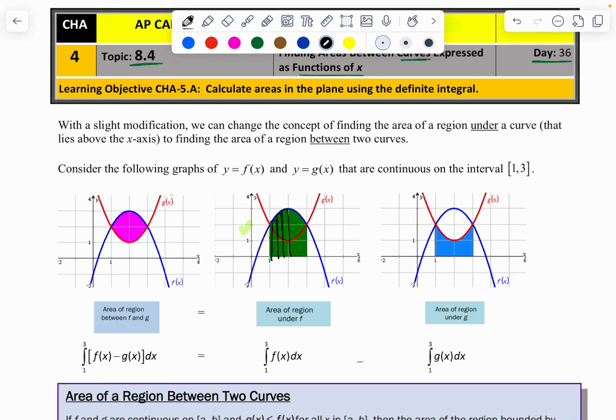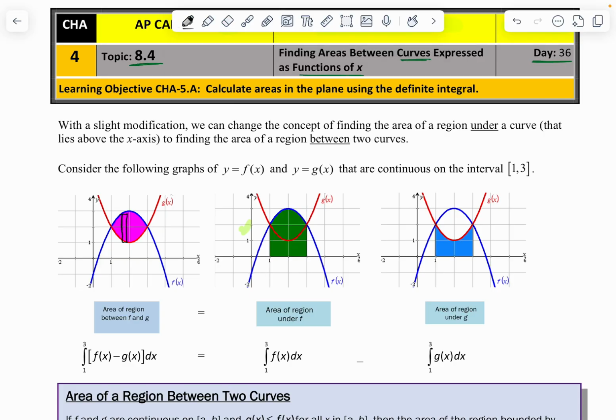We're still going to make rectangular approximations, except we're going to focus on the top function minus the bottom function. When you find the area of a region between f and g from 1 to 3, you do the top minus the bottom from 1 to 3, and that will give you this little pink area right here.